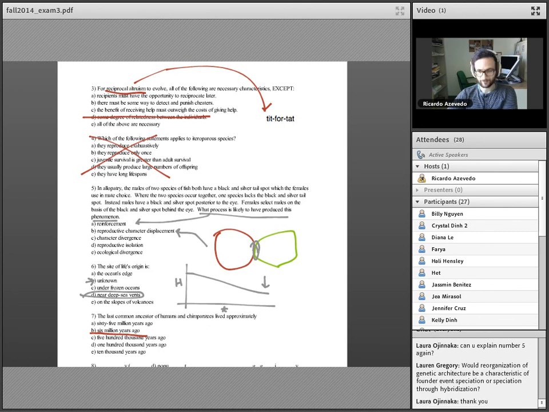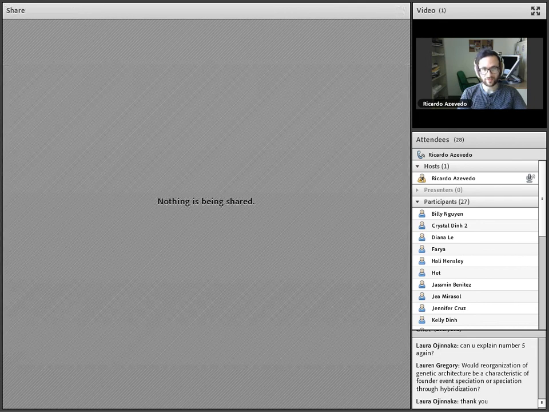Number 5. In allopatry, the males of two species both have black and silver tail spots, which the female uses in mate choice. Where the two species occur together, one species lacks the black and silver tail spots, and some males have a black and silver spot posterior to the eye. Females select males.